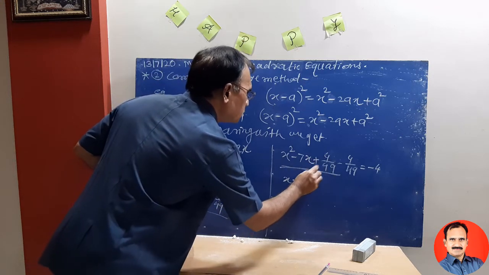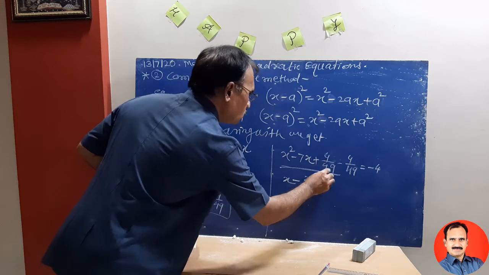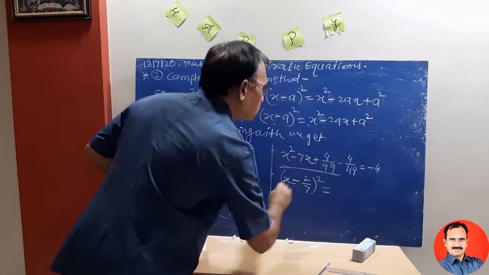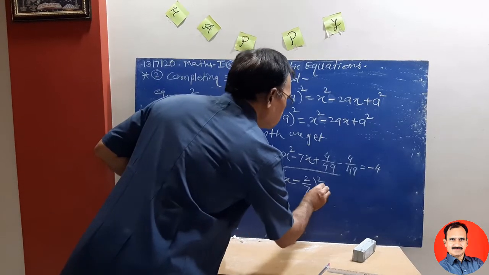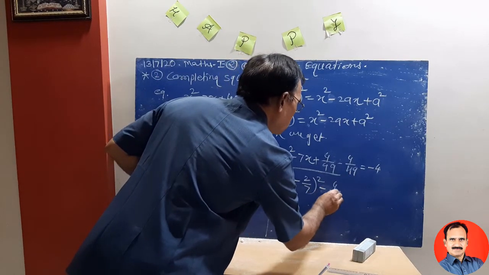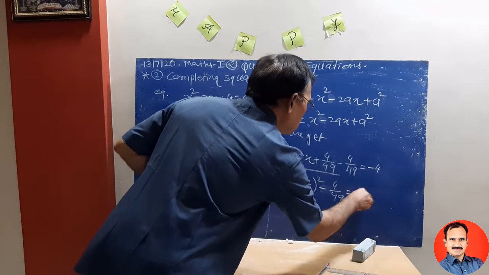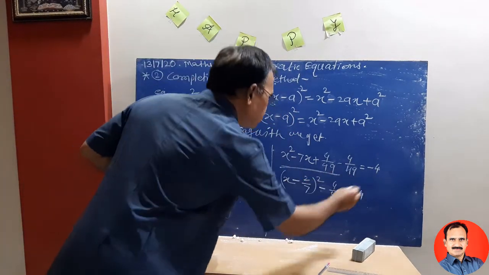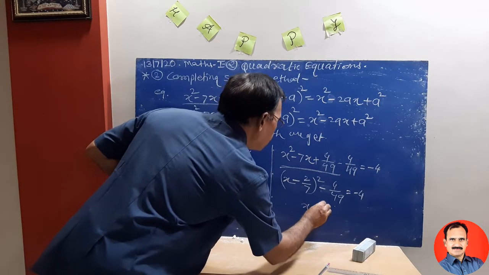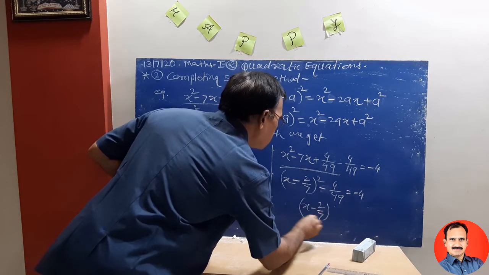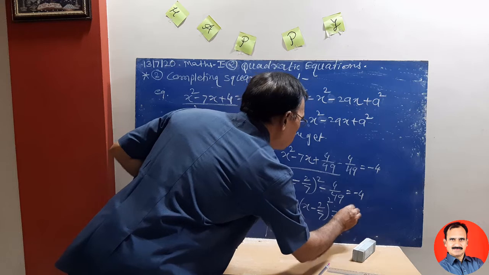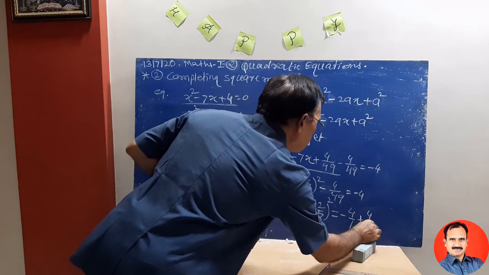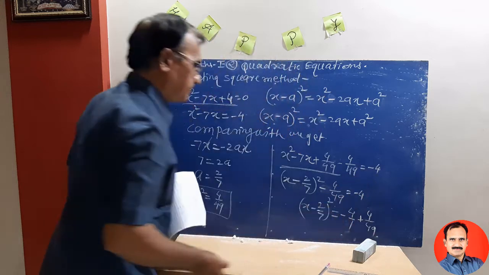The root of 4 is 2, the root of 49 is 7, so x minus 2 by 7 bracket square minus 4 upon 49 is equal to minus 4. Now take this term to the other side. It becomes x minus 2 by 7 bracket square is equal to minus 4 by 1 plus 4 upon 49.